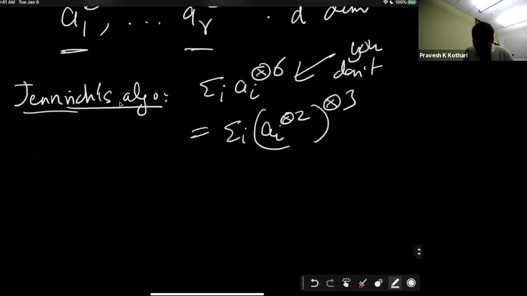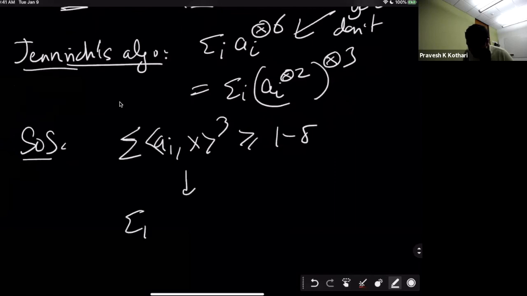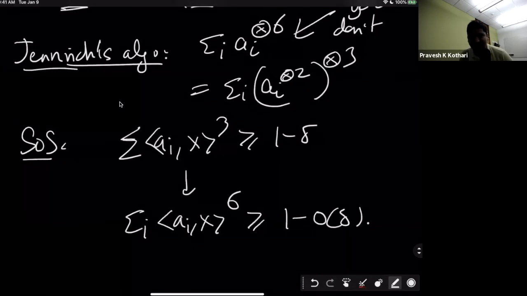So the way sum of squares comes into play is with the kind of proof we did. Remember how we started with this inequality, and we derived all sorts of higher moment inequalities. In particular, we derived this inequality.